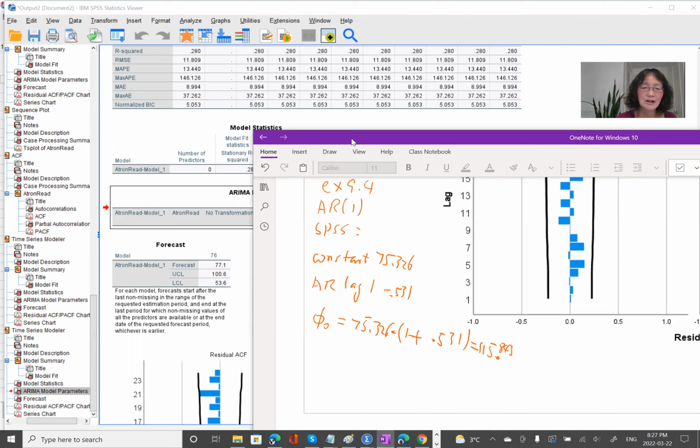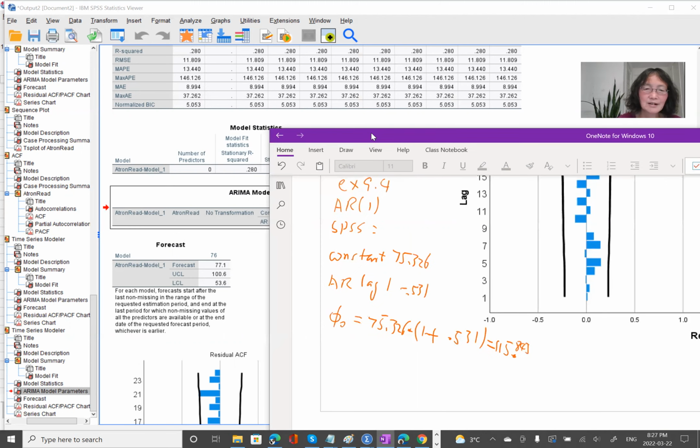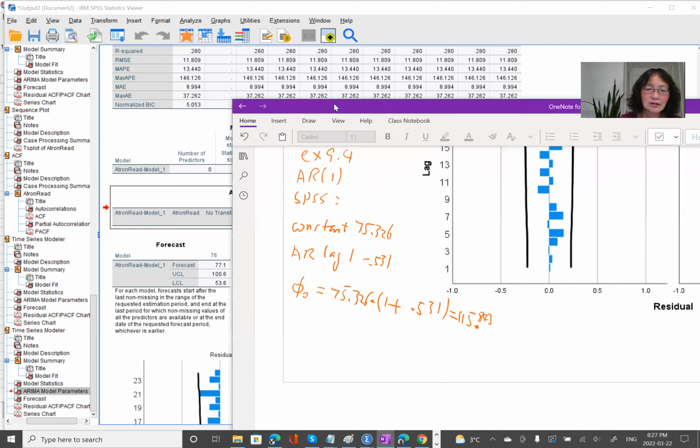And then your model is Yt equal to phi 0 plus phi 1 Y t minus 1. So Yt equal to 115.845, phi 1 is negative 0.531.